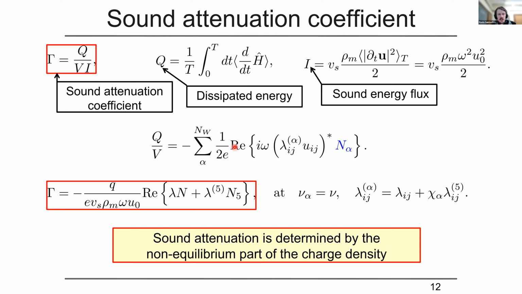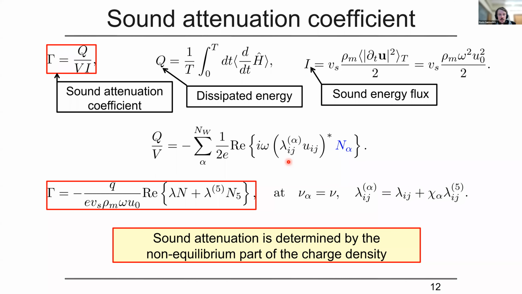So by using this expression, we arrive at the following result for the sound attenuation coefficient. Here it is important to emphasize that the sound attenuation coefficient is proportional to the deformation potential and the deviation of the distribution function caused by this potential. We assume that the deformation potential is known in our case, so it is just given to us.